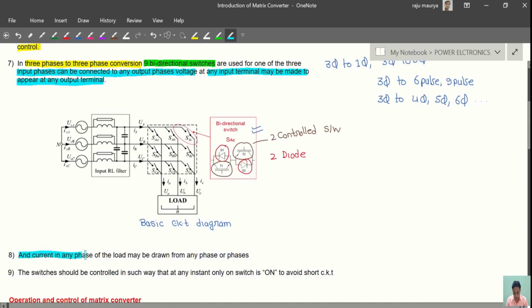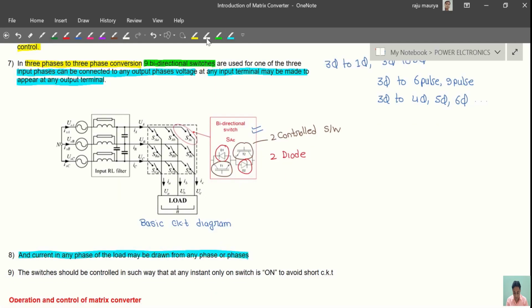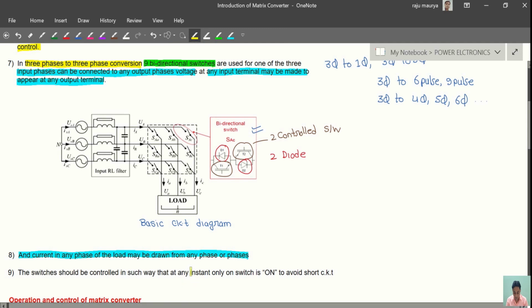Similarly, the current in any phase of the load may be drawn from any phase or phases. To avoid a short circuit, at any instant only one switch is on.